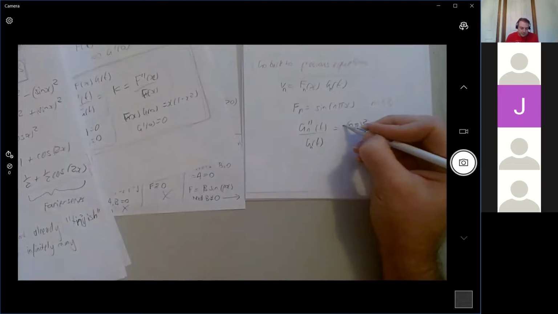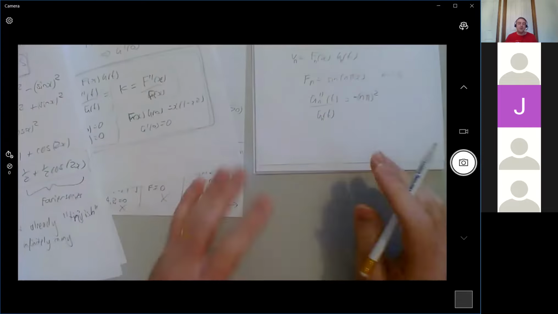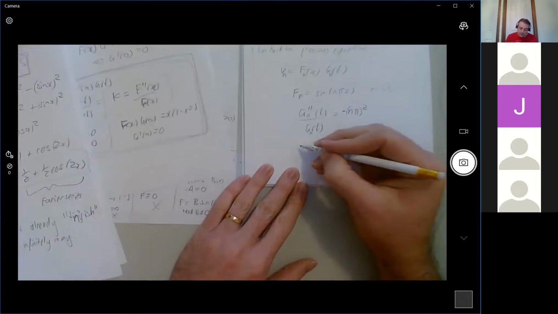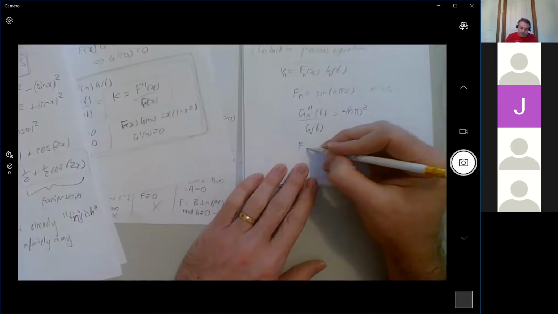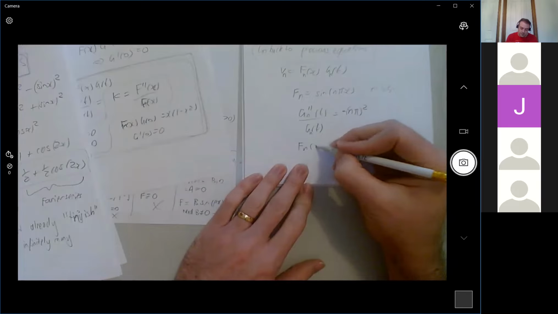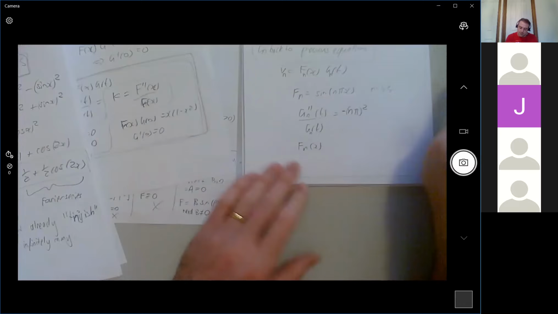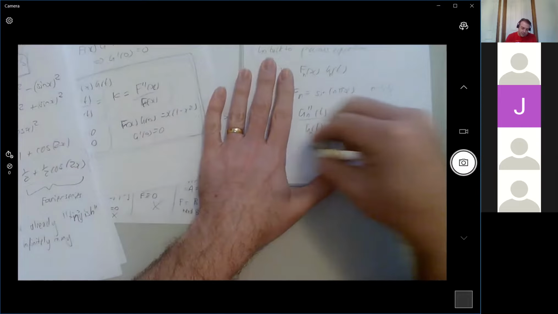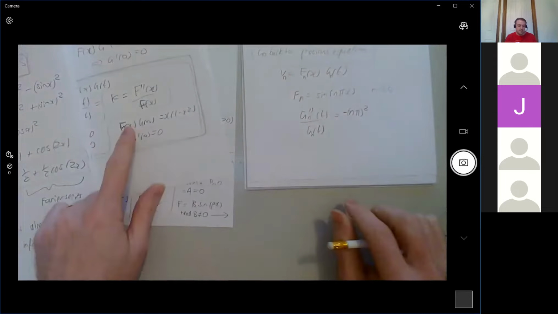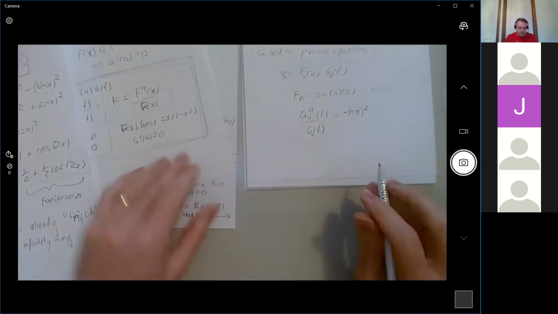Okay, and we still have two conditions that we haven't used yet. The f n x, that's going to be interesting there. I'm going to deal with that at the end.